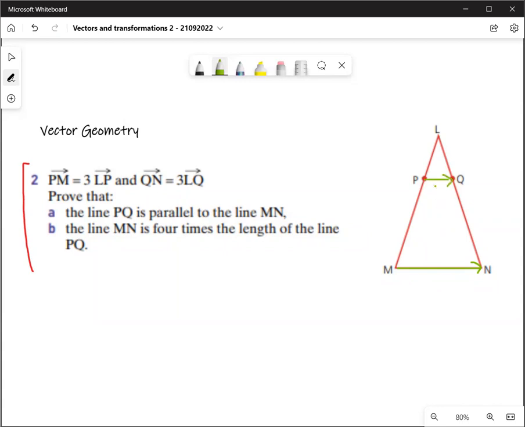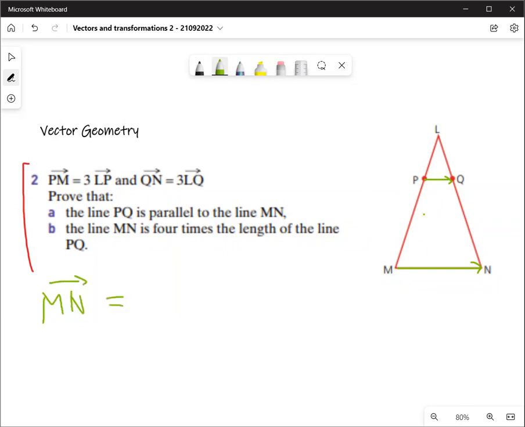Now our job is to prove that these are parallel. How can I prove that? First thing first, we'll find out what MN is. How do I know what MN is?